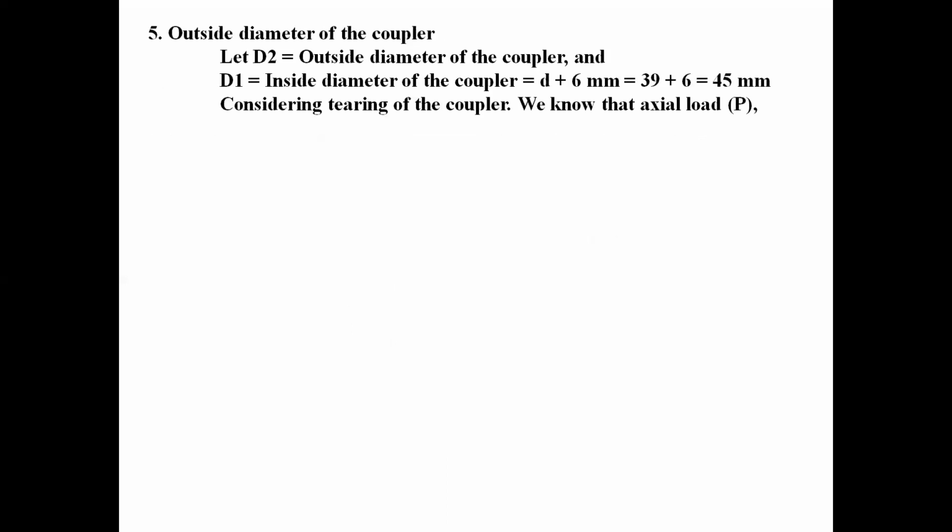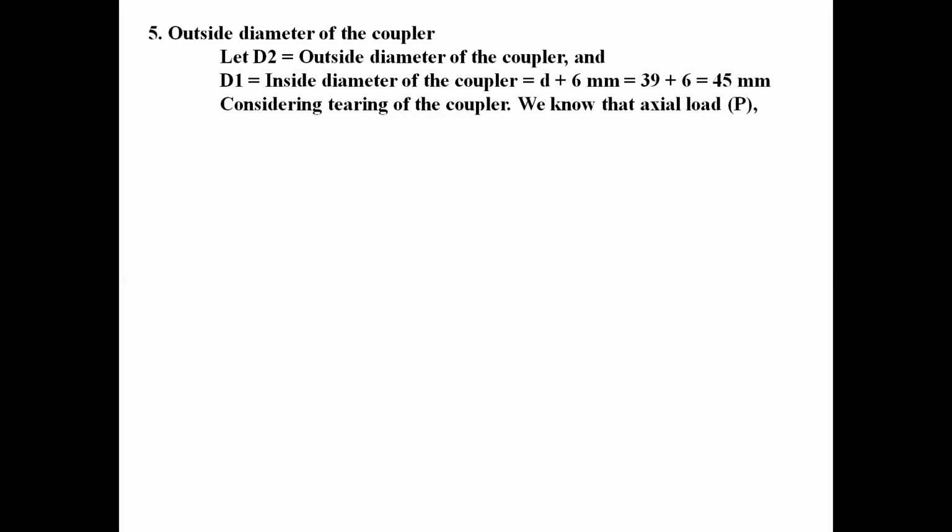of the coupler. In that coupler, we have D2 as the outside diameter and D1 as the inside diameter. Between D1 and capital D we should have some space. Why? Because the inside diameter of the coupler should not be equal to the outside diameter of the threaded portion. So there should be some gap. The gap is generally considered as 6 mm.